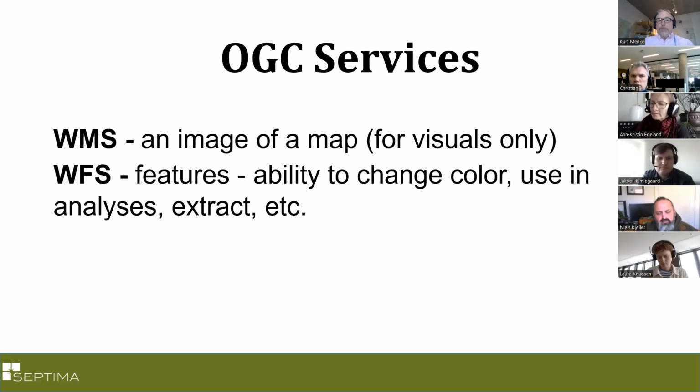We then have WFS, which is for vector data, web feature service. This serves the actual vector data to your client, QGIS in this case. And so you then have the ability to save that vector data locally as a file-based data set or into a database. You can change the symbology and do any kind of analysis with it that you do with any other vector data set.